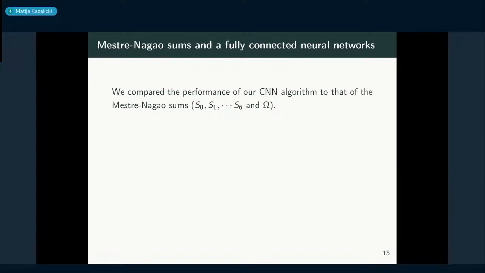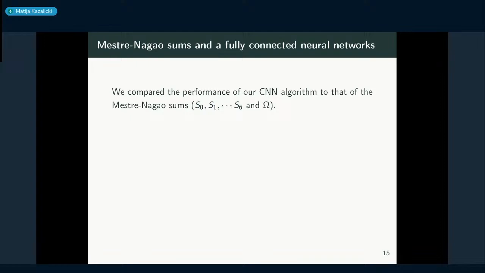So in order to evaluate the performance of our algorithm, we decided to compare it to the performance of the Mestre-Nagel sums. We were considering 7 different Mestre-Nagel sums, and we also considered one neural network which took as input all these seven sums.